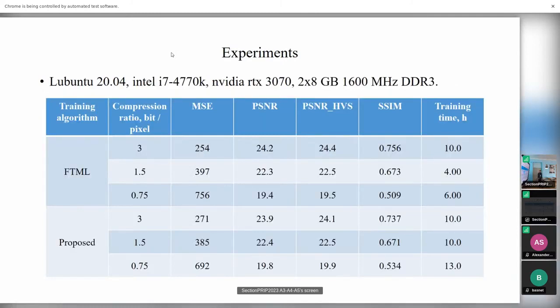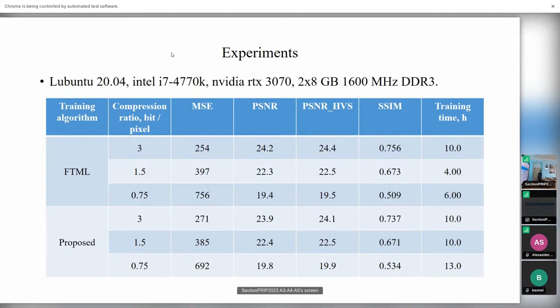Let's talk about experiments. The STL10 dataset was used for solving an applied problem of image compression, colored image compression. Resolution was 96 by 96 pixels, and here is the hardware which we used.